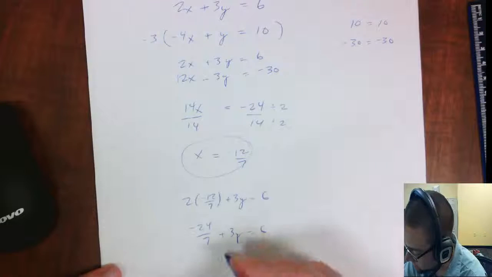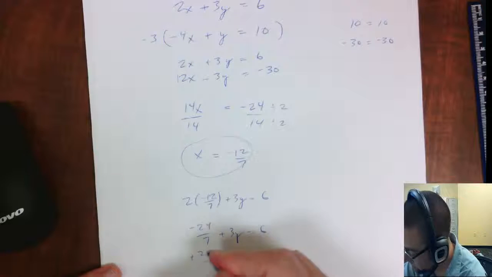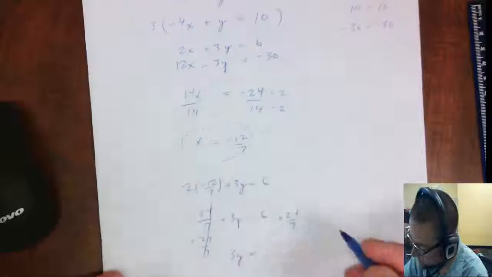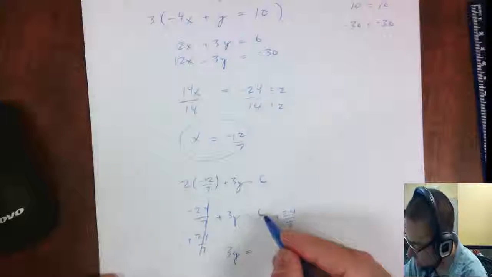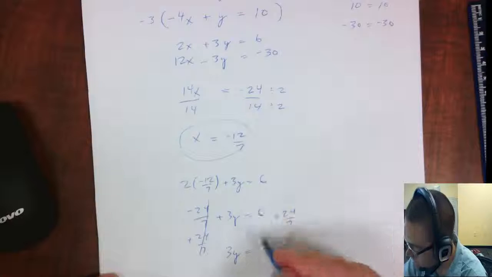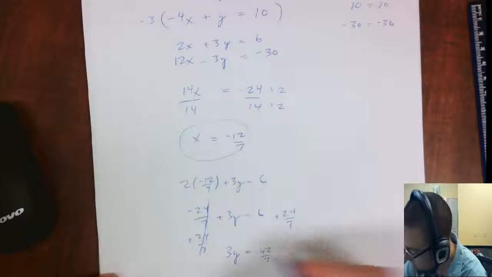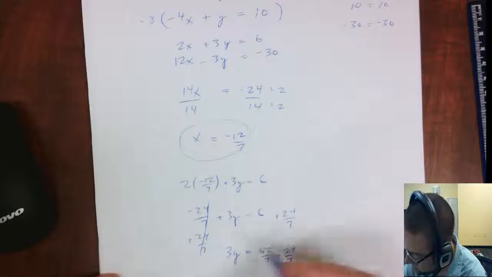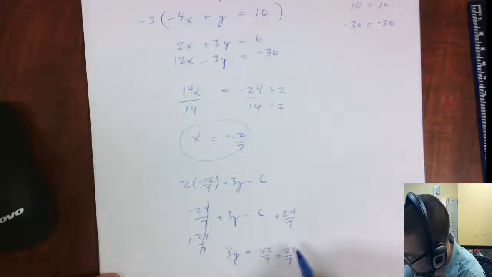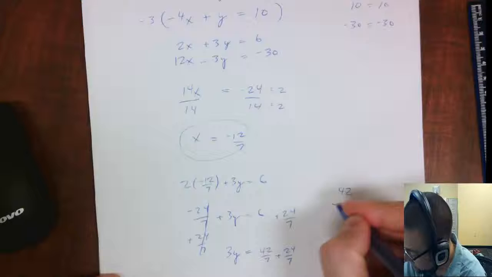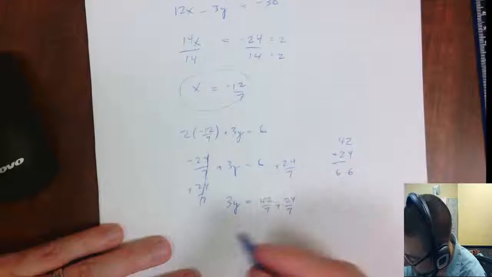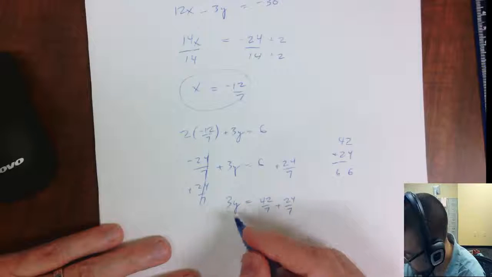Add 24 sevenths to both sides. So that makes 0, and I have 3y is equal to, let's see, 6 times 7 would be 42. So 42 sevenths is equivalent to 6, plus 24 sevenths. And so 42 plus 24 is 66 divided by 7. And then I divide both sides by 3.